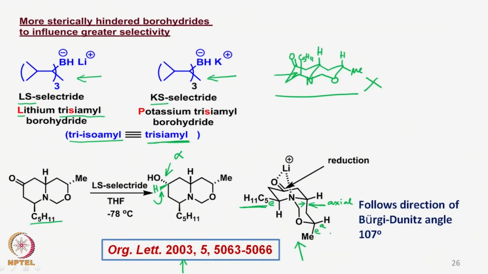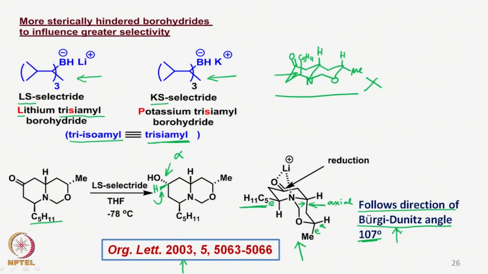And obviously in all these cases wherever we have discussed the carbonyl group reduction with any reducing agent, we have to keep in mind that the reduction takes place at a 107 degree angle, which is the rule according to the Burgi-Dunitz hypothesis or observations.